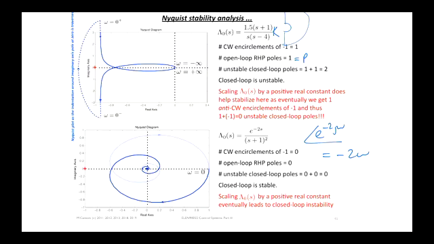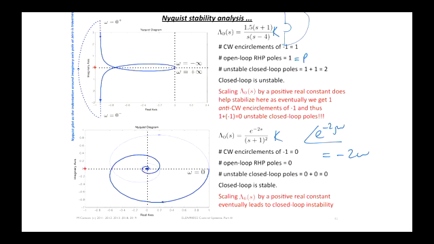So you can see that for small gain, we get no encirclements of the critical point, which is what we want for closed loop stability because there are 0 open loop poles in the right half plane. But if we scale this by a positive constant, then once that is larger than a certain amount, we'll end up with the critical point inside here, and we'll start making encirclements of the critical point when we don't want any. And as you keep making k bigger, you get more and more encirclements of the critical point.